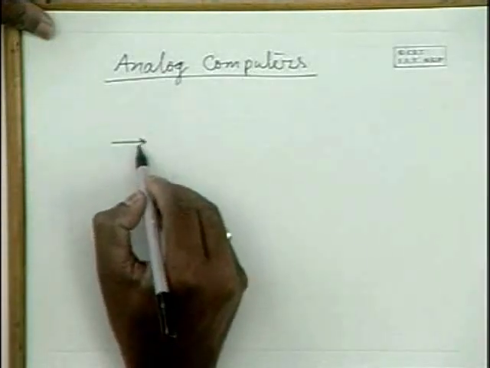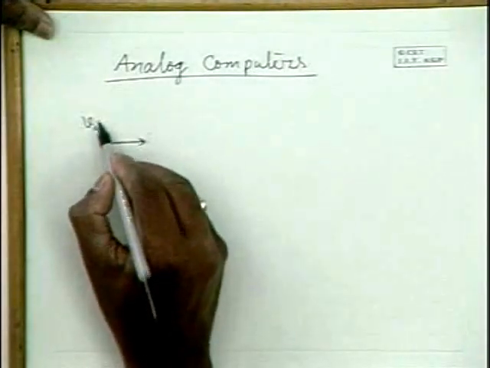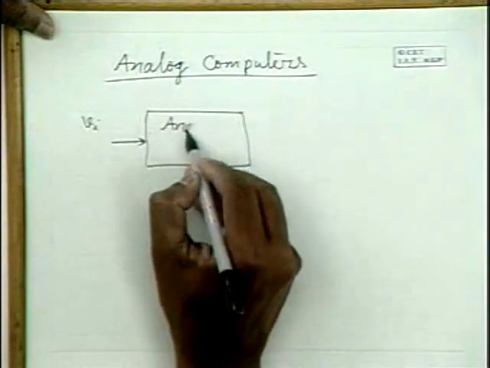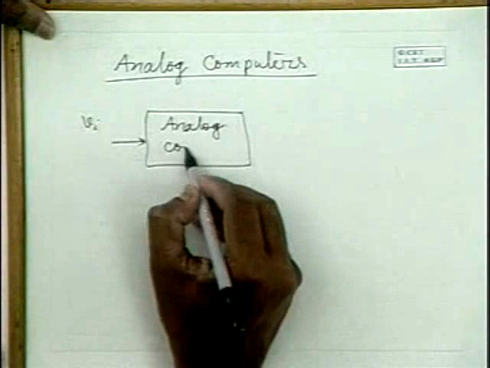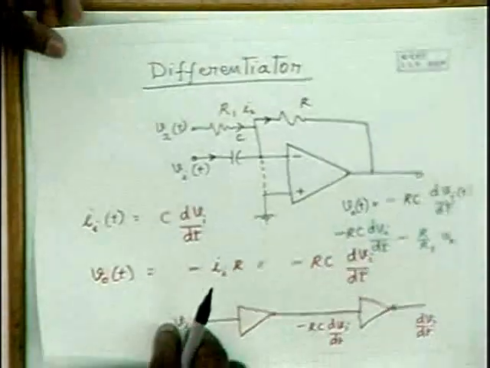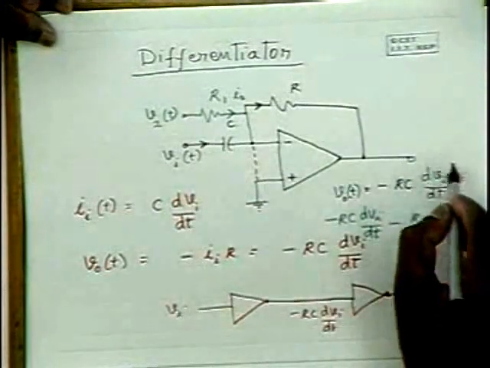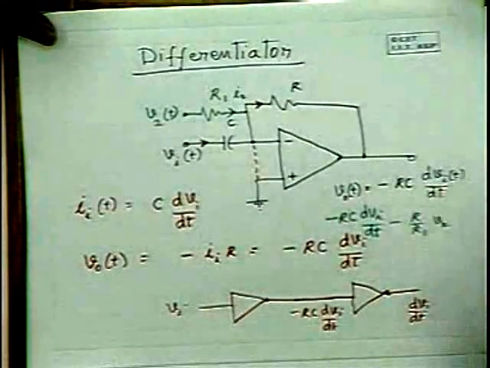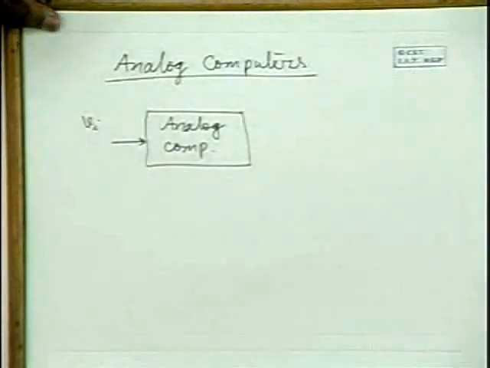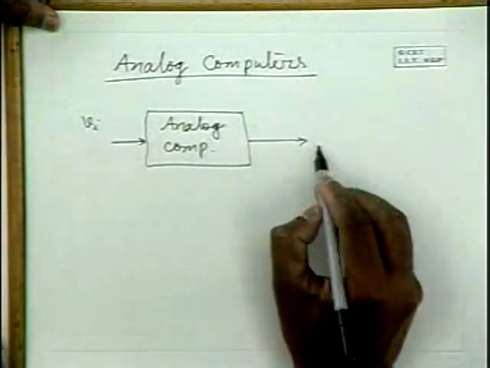So in analog computers, we give an input Vi, and there is an analog computer circuit which uses combinations of such circuits, maybe another differentiator here and another addition with something else, and like that. Now we get an output V naught.